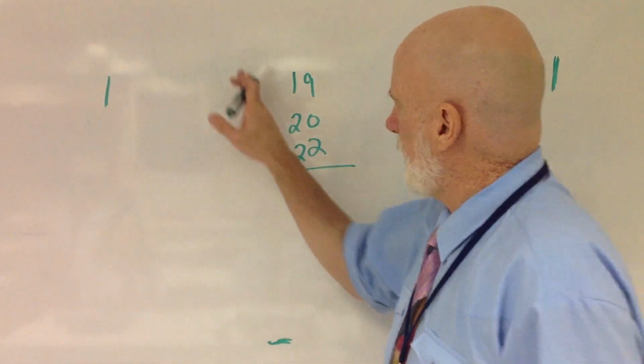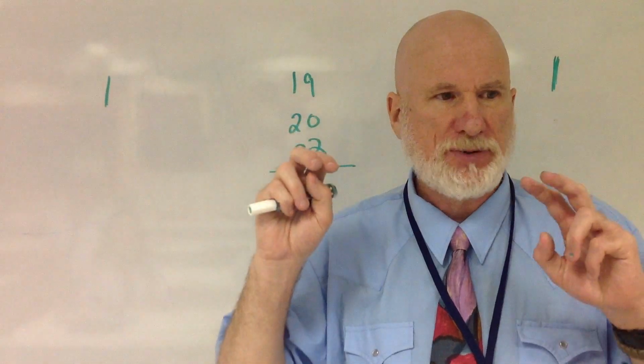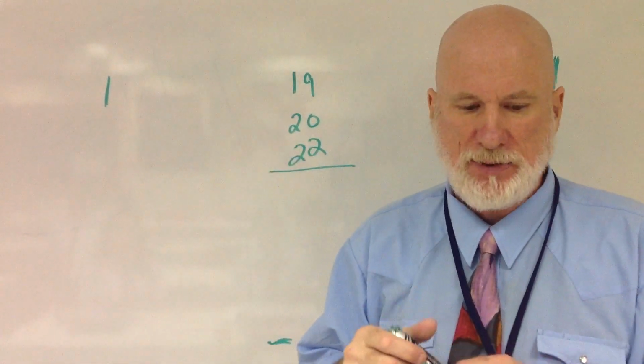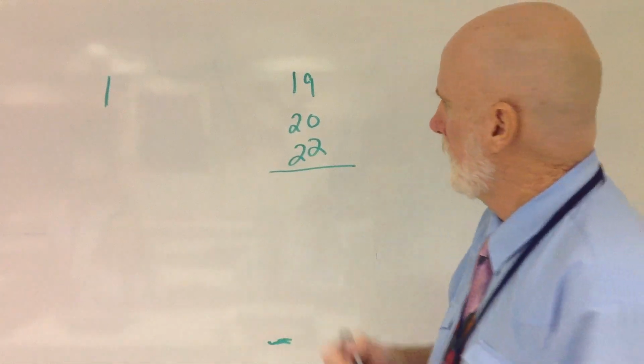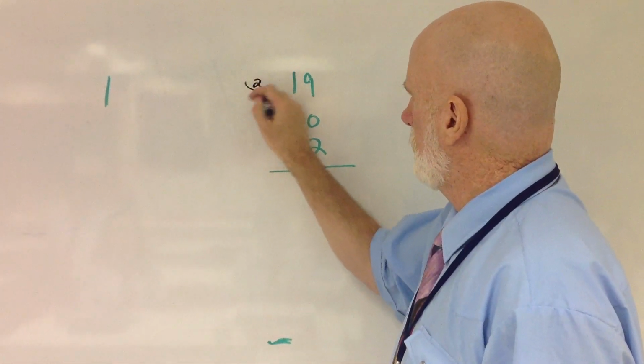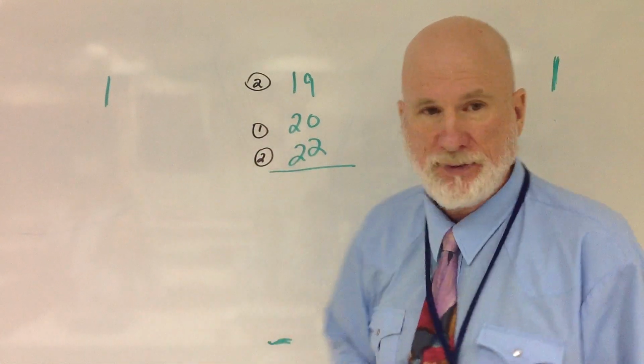Okay, now, before we do something, let's look and see. On the left, I'm going to put the accuracy in terms of the number of significant figures. I'll use black for that. This is going to be 2. This will be 1. This will be 2. Correct?